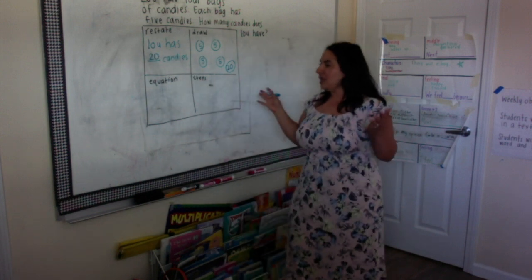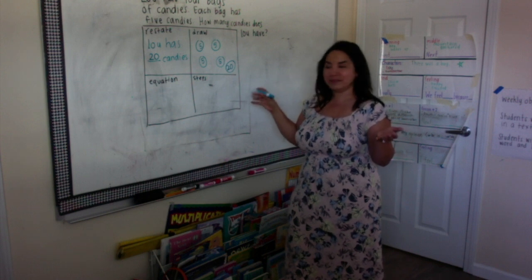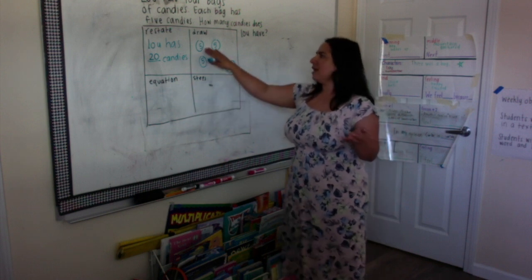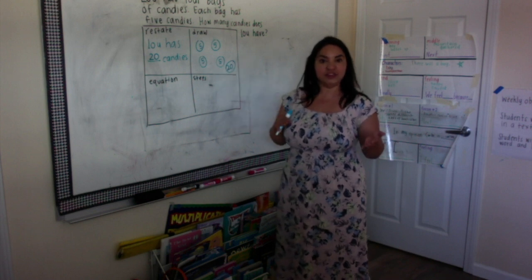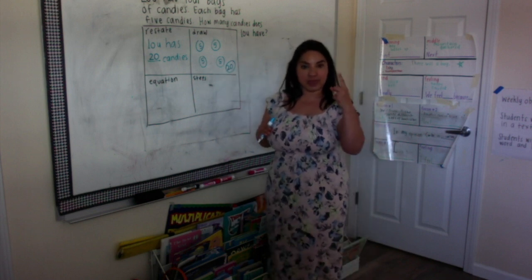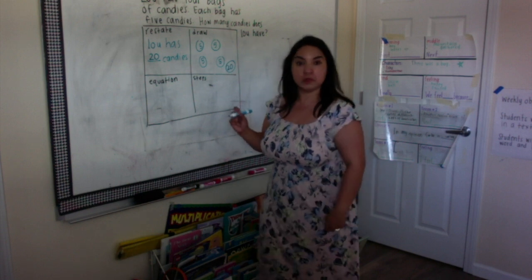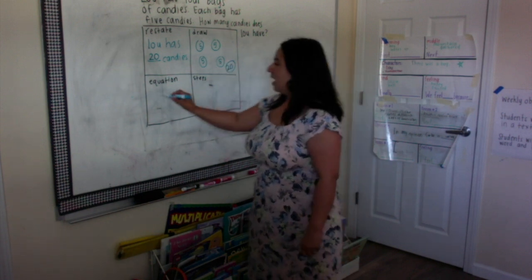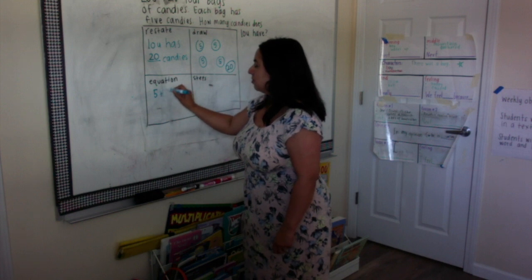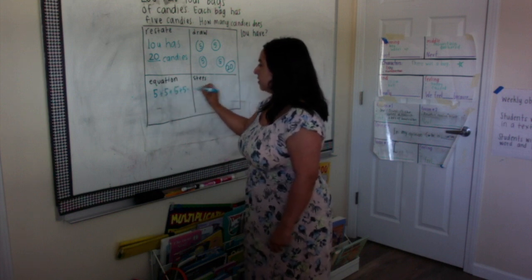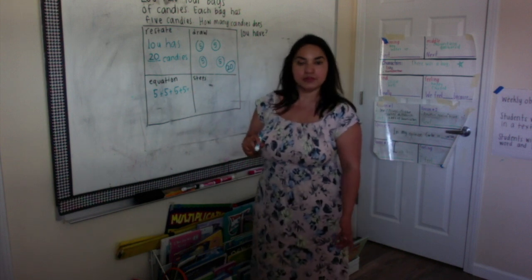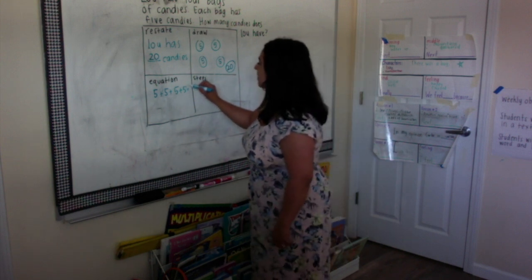Now the equation is super awesome. Now, what can we do with these 4 groups of 5? Can I use multiplication? Addition? Let's start with addition. I have 5 plus 5 plus 5 plus 5 is equal to what? 20. Very good.